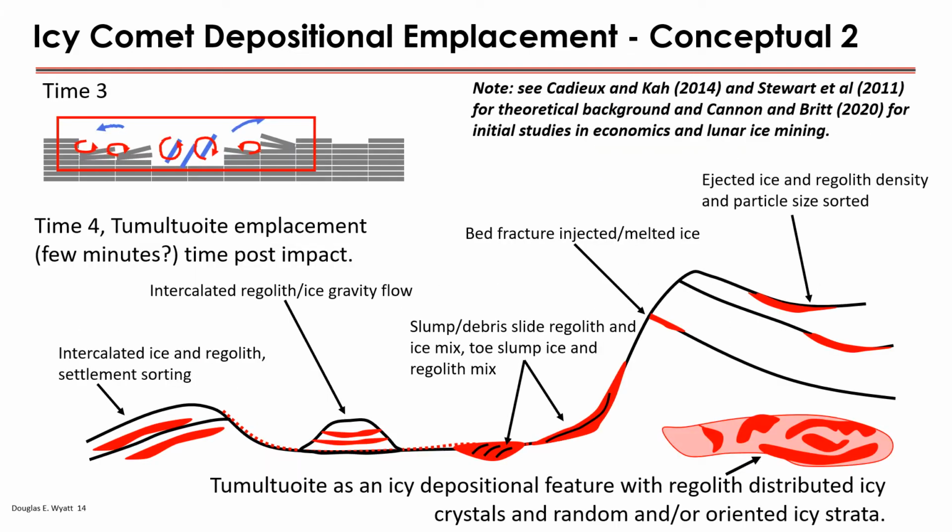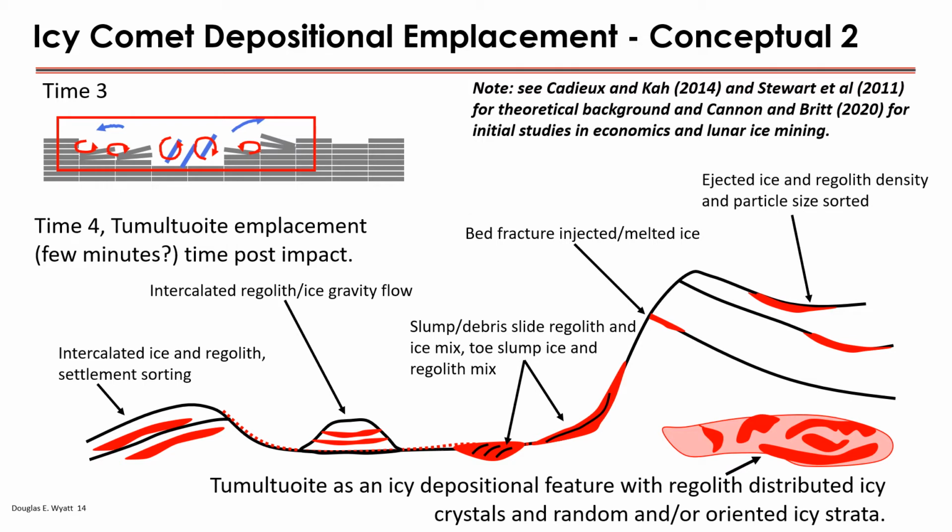And pulling that time three period over onto this slide, I believe that the result of that looks something like what you see in red here, tumultuous emplacement, in just a few minutes, if not a few seconds. Okay, and so you would have distributed that, like that little red figure on the bottom right.